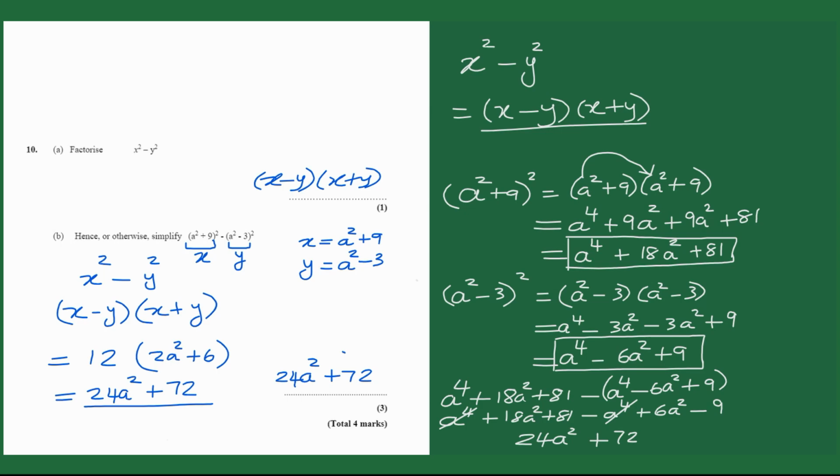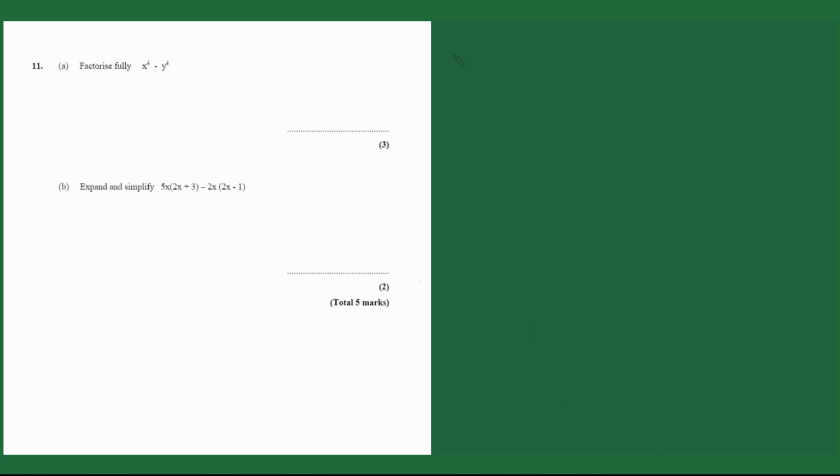So let me write the other answer here: x minus y, x plus y. Question number 11. Factorize fully. x to the power 4 minus y to the power 4. When it comes to the power 4, we don't have any formulas we learned.